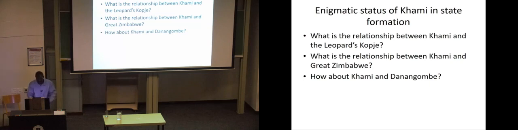Are these just competitors on the landscape? Are these peers on the landscape? Are they friends or are they enemies? Those are some of the issues. And how about Khami and Danangombe, as I suggested? Was there a contestation of power between these two places, with the two lineages associated with power occupying these places?